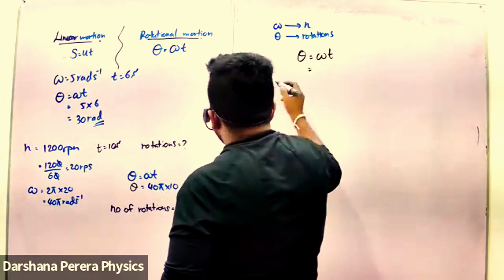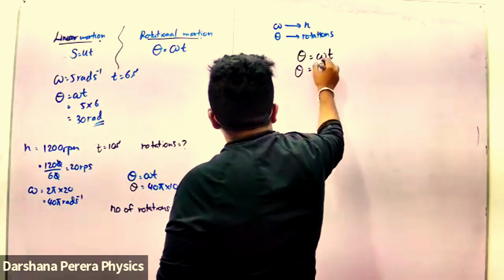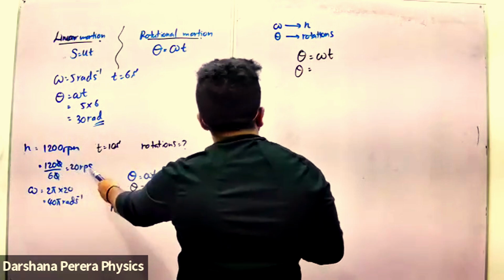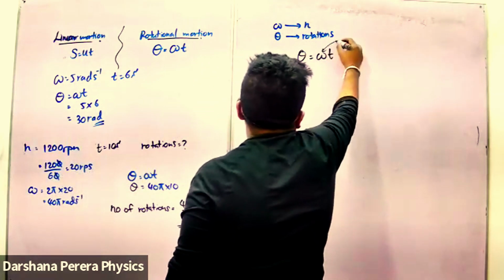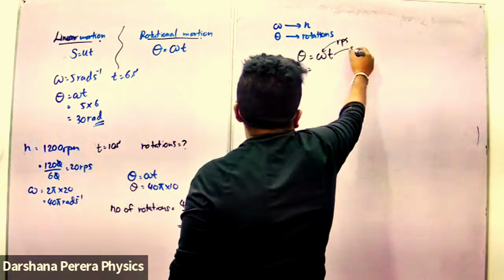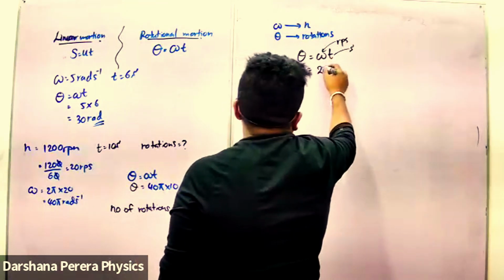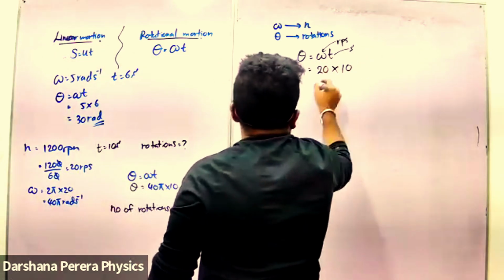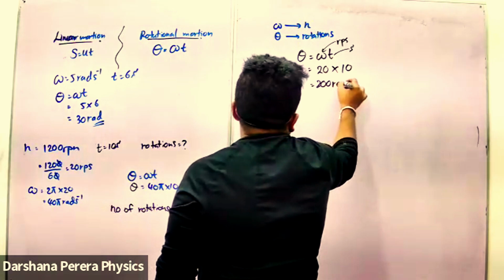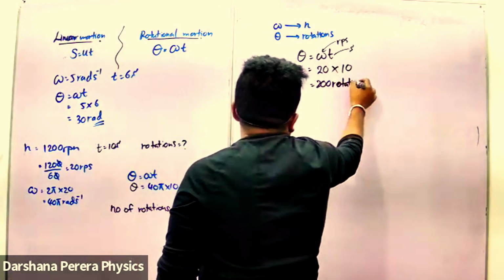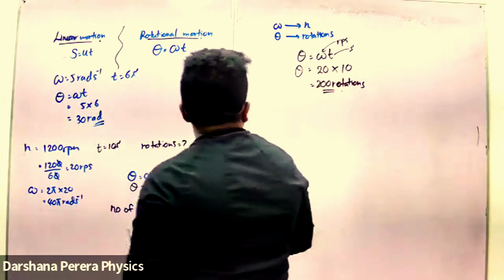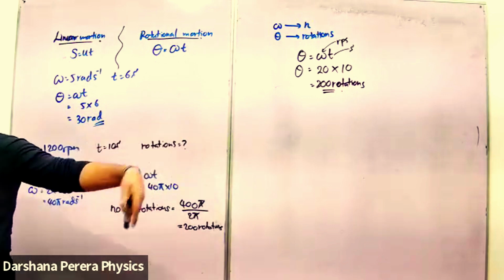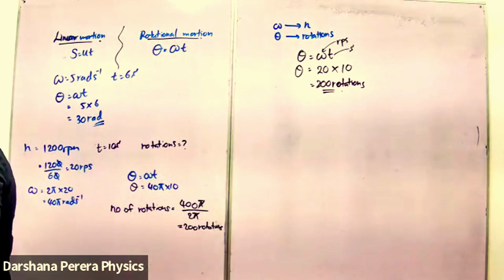Theta means rotations, omega means 20 rps, this value should be the rps value, and this is seconds. 20 rps into time 10 seconds gives 200 revolutions, rotations. Like that, it is very simple. Write up that also.